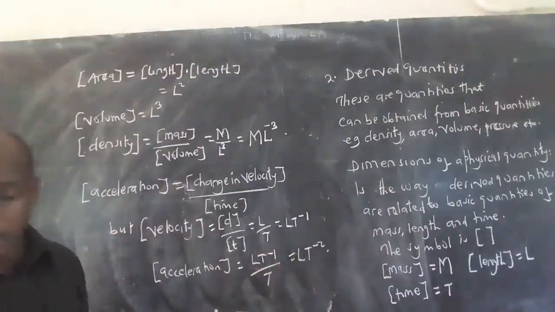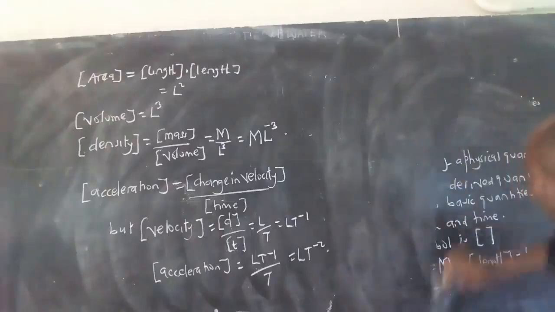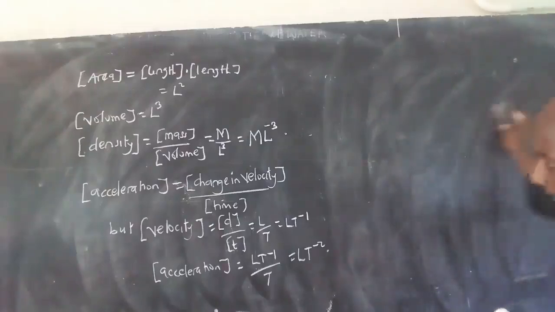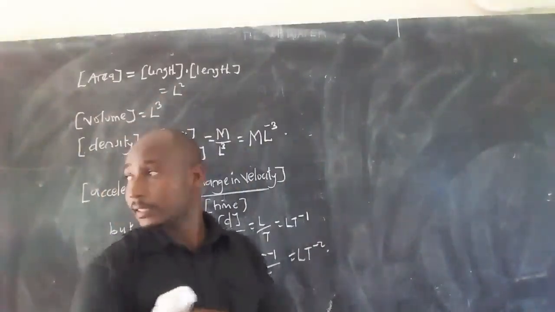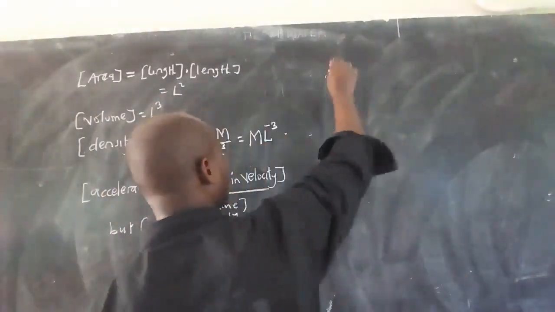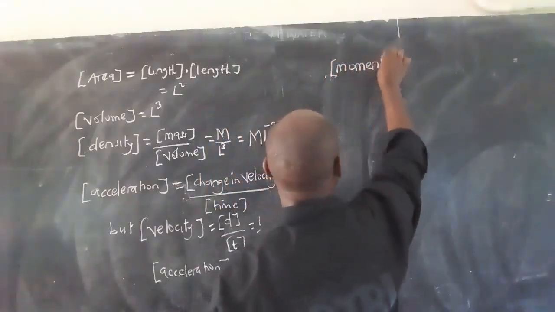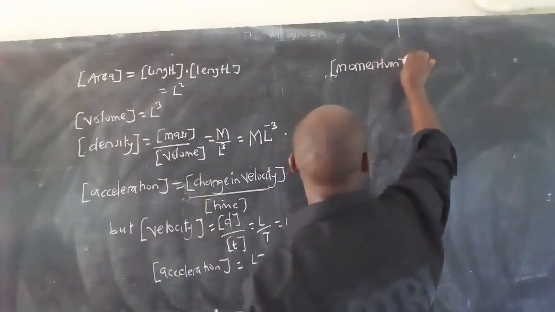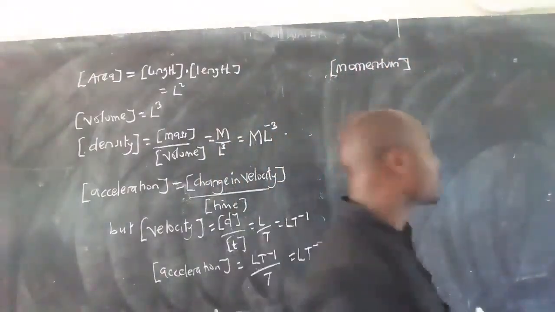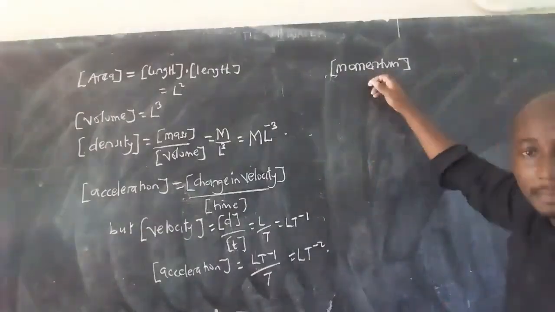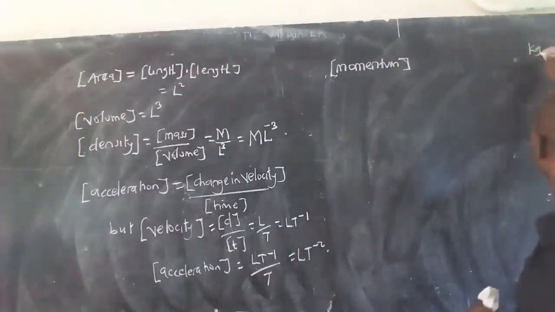Dimension of momentum. Sometimes you can get dimensions by using the standard SI units. So we shall now say dimension of momentum. Of course we know momentum is mass times velocity. For the units we have kilogram for mass, and velocity is meters per second.